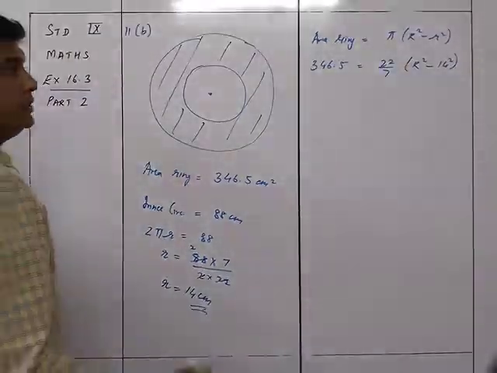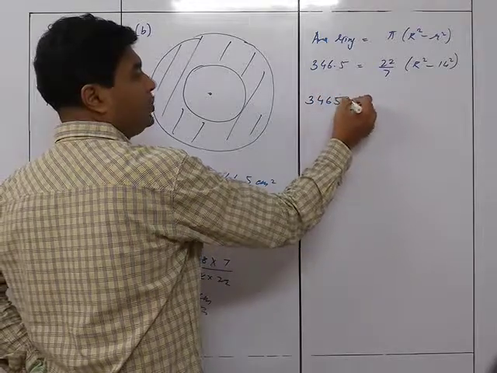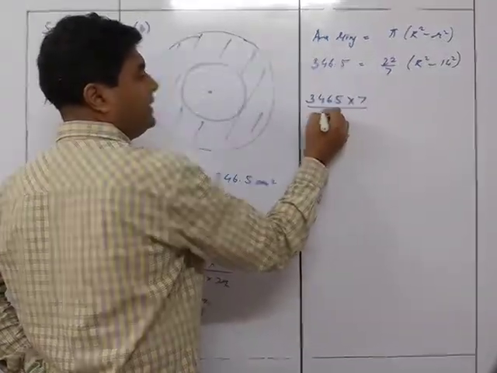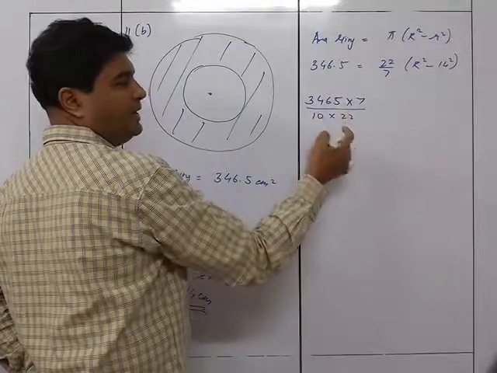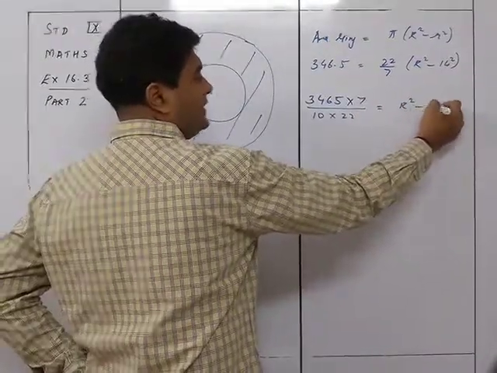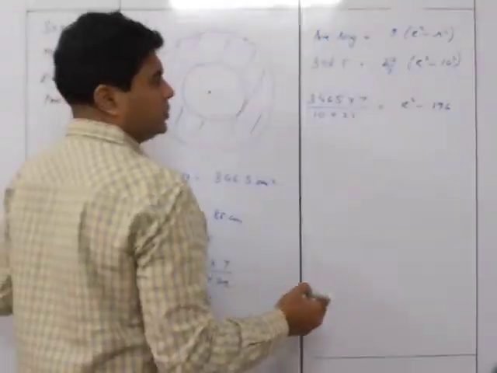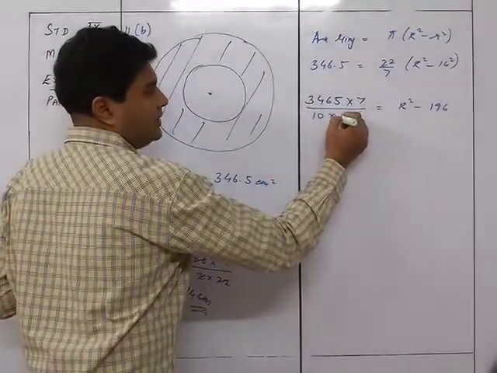So this gives me 3465 into 7 upon 10 into 22, because I have taken the decimal point as 10, is equal to R square minus 196. So this can be divided by 11.